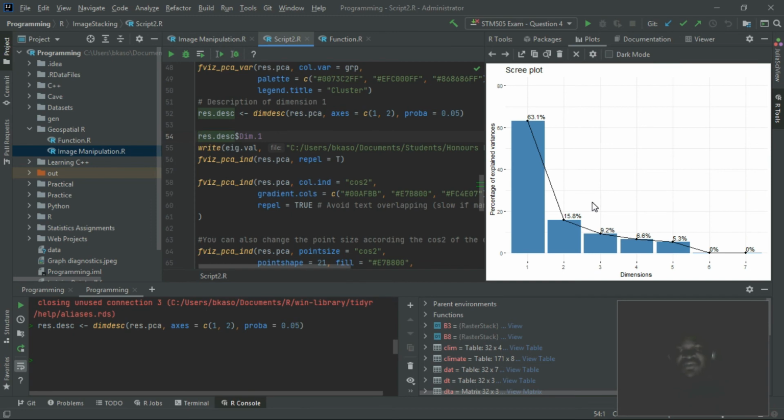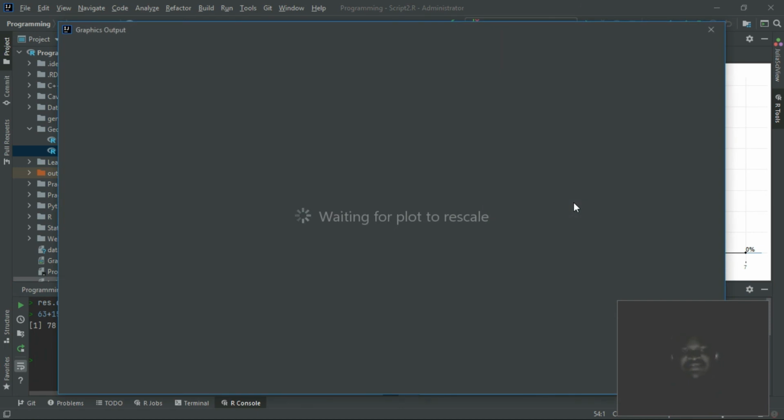Remember, we identified two most important dimensions, which are 63% and 15%. 63 plus 15, that's about 78%. If you have these two dimensions, you can explain 78% of your data set.